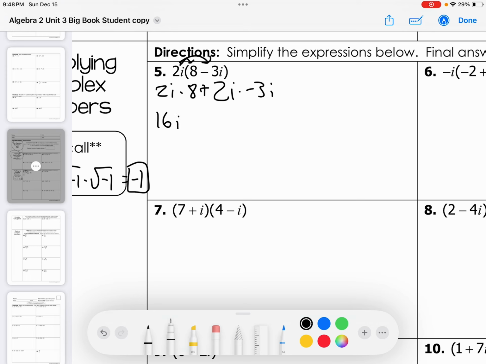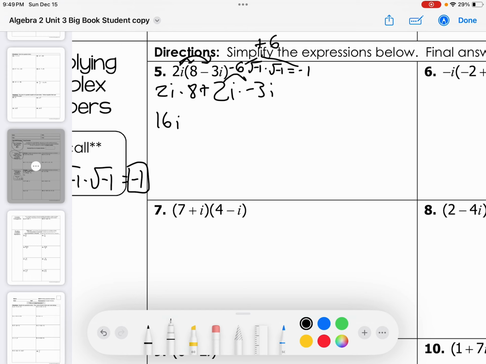And then the 2i times -3i, well, 2 times -3 is -6. And i times i would be, again, the square root of -1 times the square root of -1, which is -1. So then we have -6 that we get from the numbers times the -1 that we get from multiplying i times i. -6 times -1 would give us a +6.